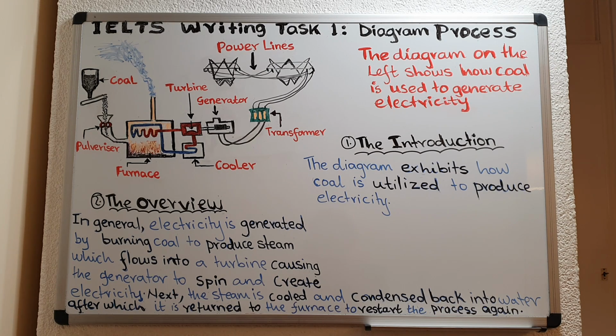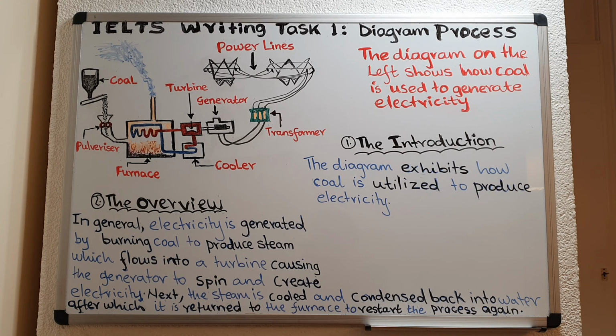So in our case, we have coal, and the coal is going to go through the pulverizer. So I would write coal as step number 1. And then step number 2, it's going through the pulverizer. Okay?